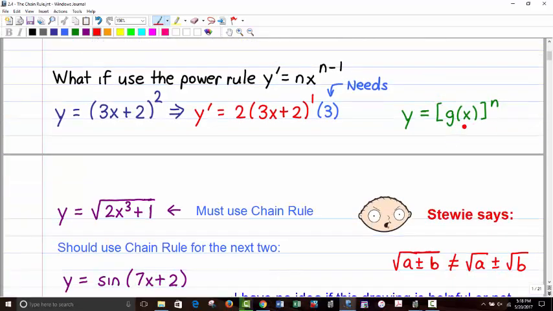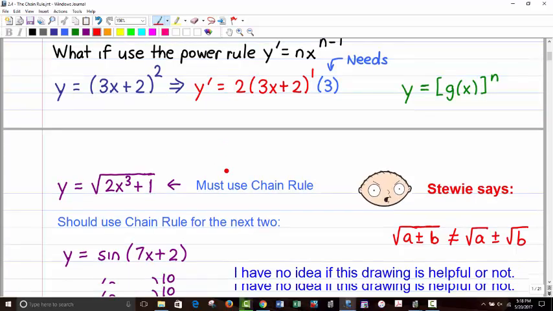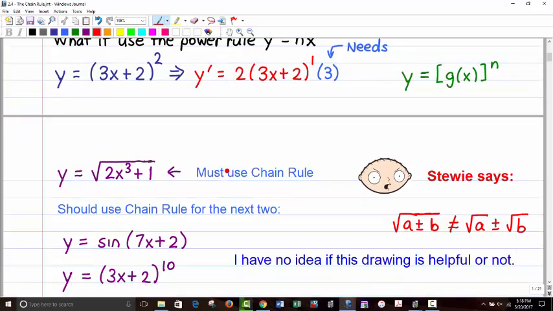So also here's what we're trying to evaluate over here, g of x raised to the n. Now you might think, well, why did we even need the chain rule if we can multiply that out? Well, suppose this exponent was raised to the 10th power, not the squared power. I wouldn't want to multiply that out. You certainly would have to use it for this radical. You can't break that radical up.